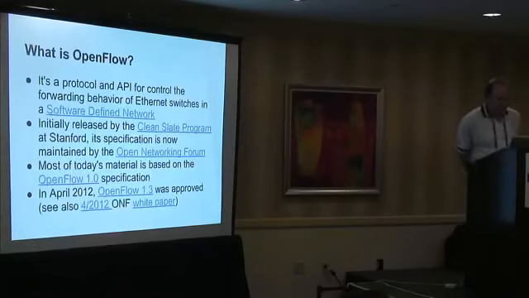Most of the material we're going to talk about today is based on OpenFlow 1.0. 1.0 is kind of an interesting version of the spec. It's the first version of the spec that you could get software and hardware that claim to conform to it.